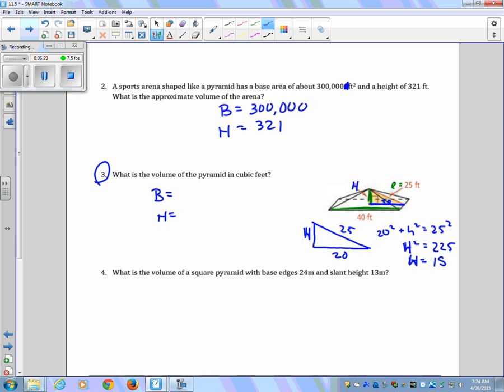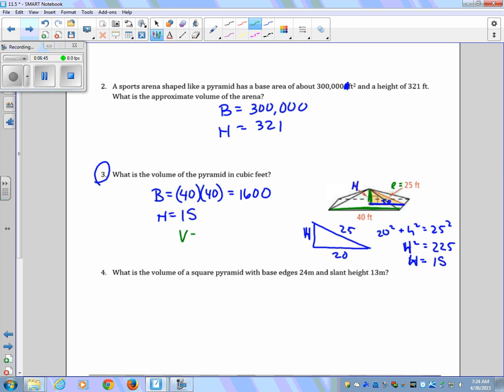So the height of the pyramid is 15, and I'm assuming this is a square pyramid because they didn't tell us that it wasn't. So we'll say that the area of the base is 40 by 40, or 1600.